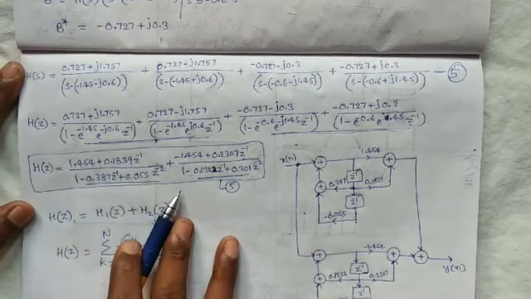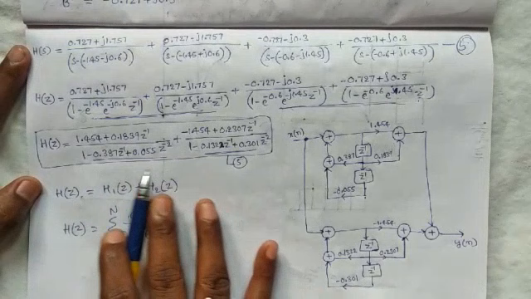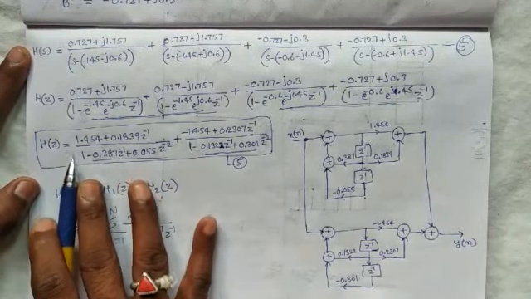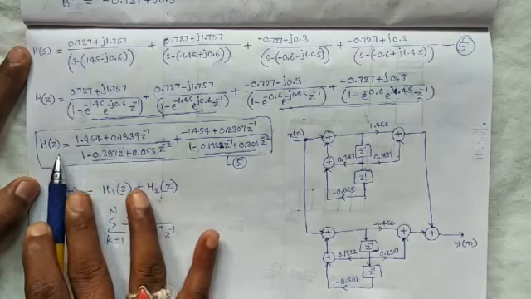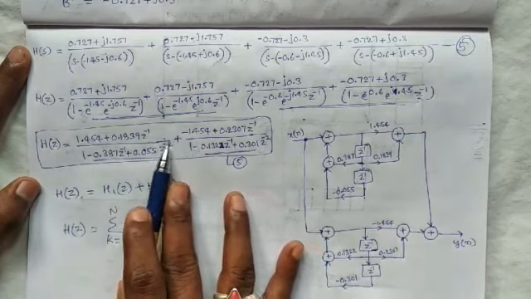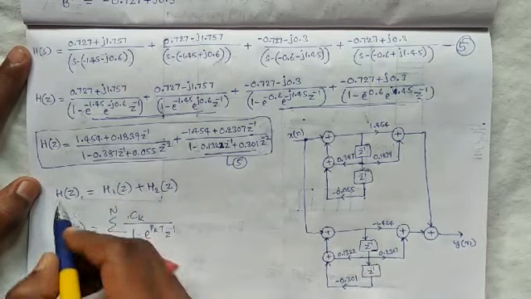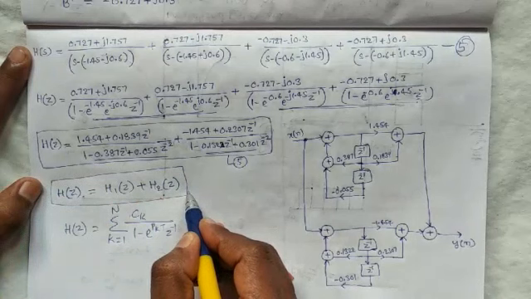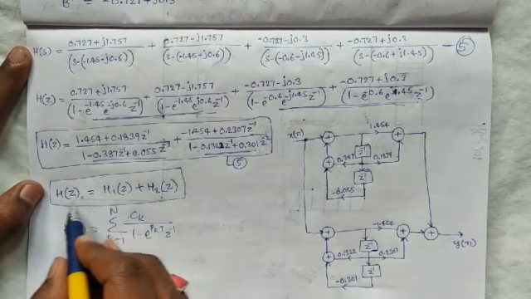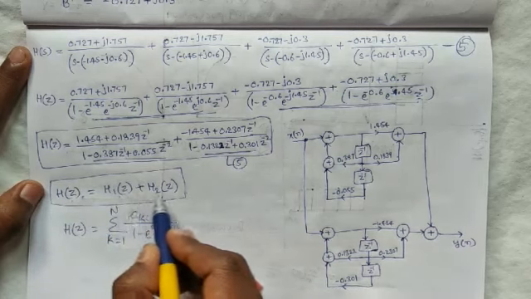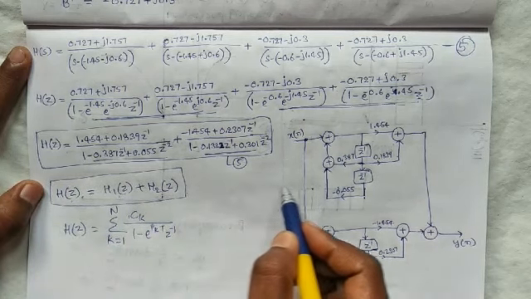Here we are using a convenient technique to realize this H of z. This represents H1 of z plus H2 of z. This representation is simply called parallel form representation of H of z. H of z is equal to H1 of z plus H2 of z plus H3 of z and so on like this.